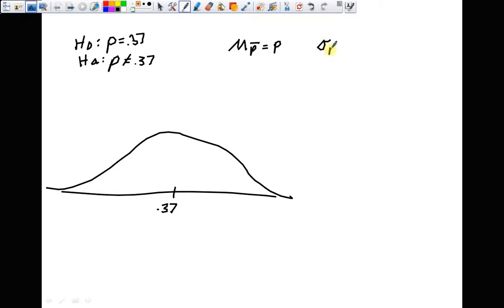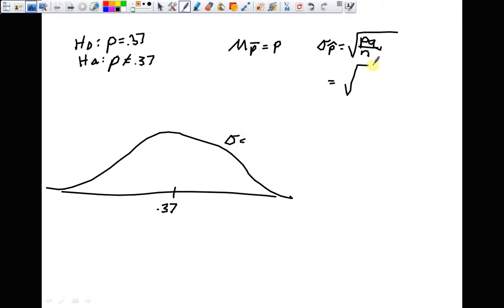We also know that the standard deviation of these p hats is the square root of pq over n. So we can get an idea of what the standard deviation of this is.